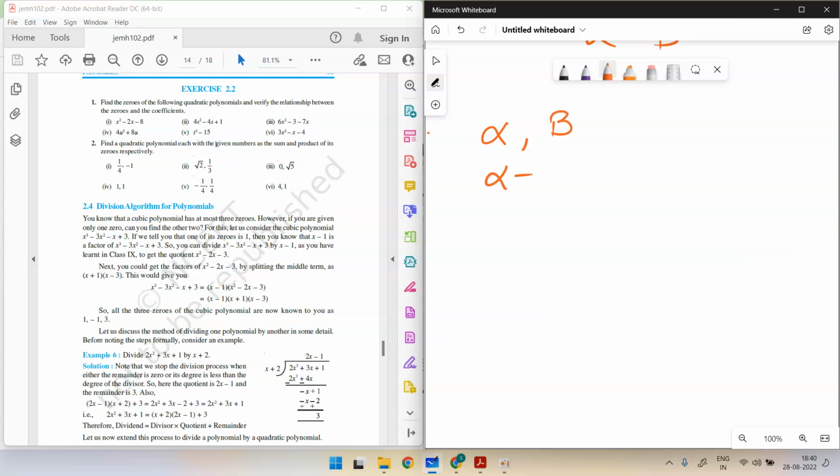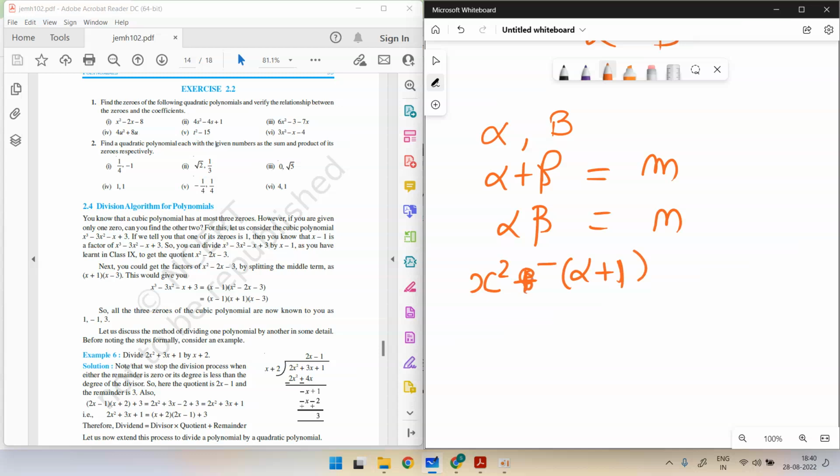So alpha plus beta, you will get some value, suppose this is m, and alpha beta, you get the value n. So you know the expression is x squared minus alpha plus beta times x plus alpha beta equals 0.